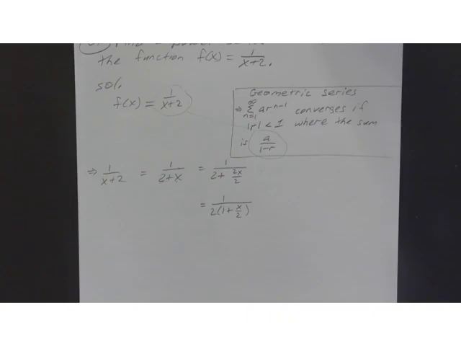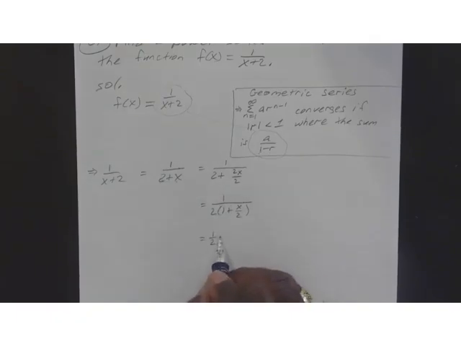But remember, a lot of these formulas, you have to be precise down to the very last detail. So remember, this is 1 minus r. So we have to have that as 1 minus something. So that 1/2, we can just factor that out if you wanted to.